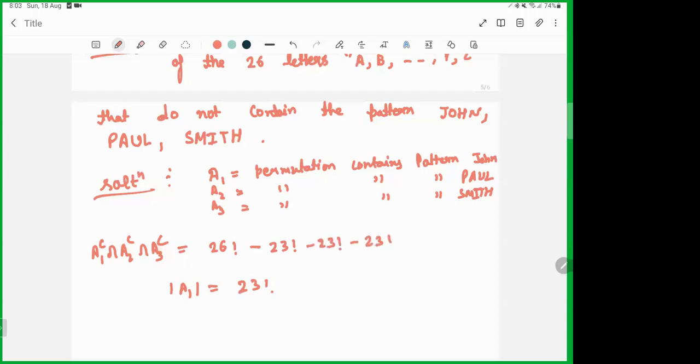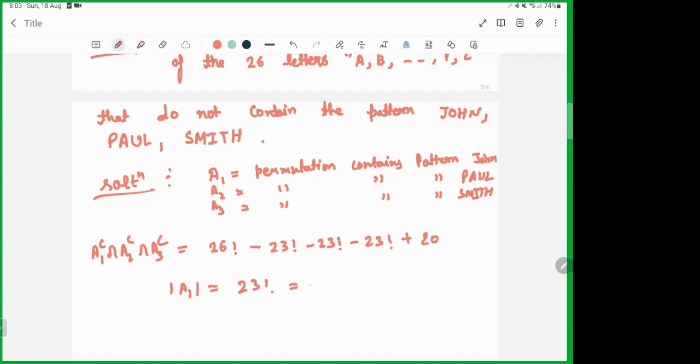Now, what is the cardinality of A1 intersection A2? So you have how many symbols? Eight symbols, right? John is fixed in a pattern, and Paul is also fixed in a pattern. John you can treat as one word, and Paul you can treat as one word. So you have 20 choices, right? So 20 factorial.